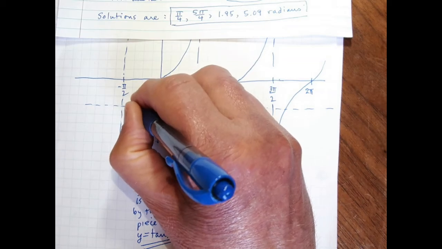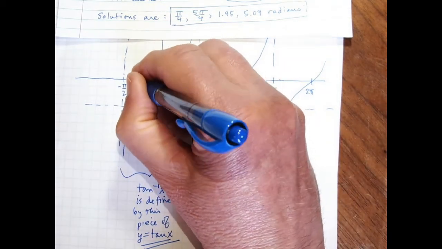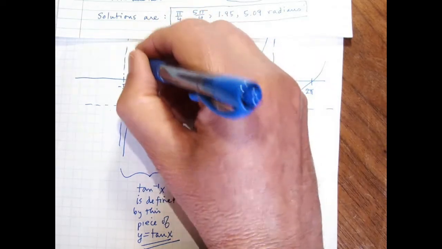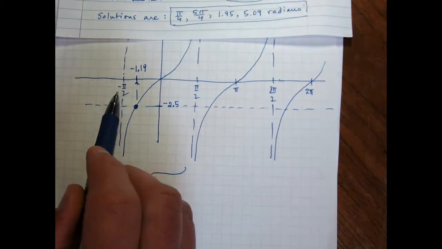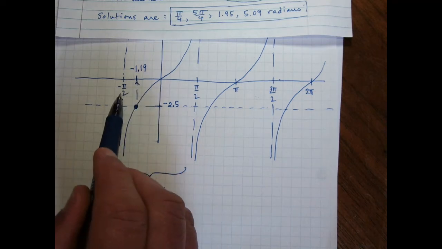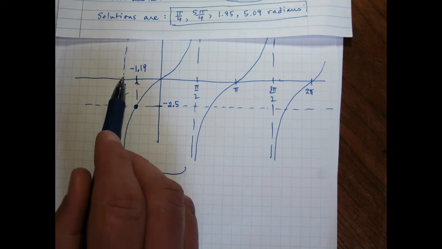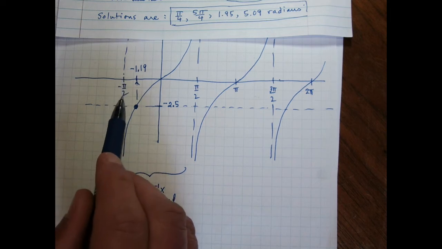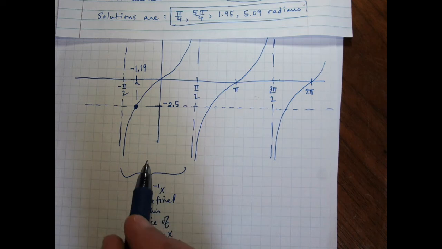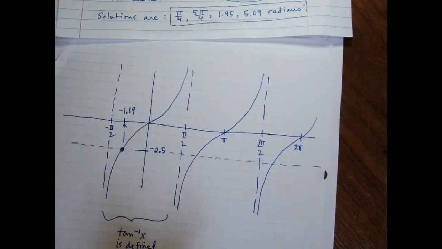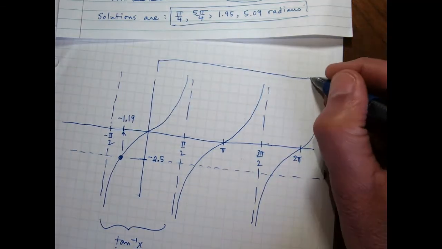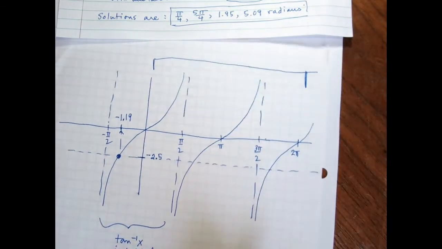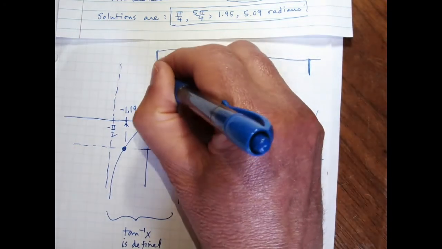So it's this point right here where the calculator is giving us negative 1.19. That's between 0 and negative pi over 2. Negative pi over 2 is about negative 1.5 as a decimal. So the interval from 0 to 2 pi, though, is from here to here, to the right of the y-axis.